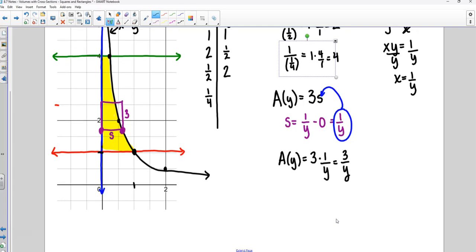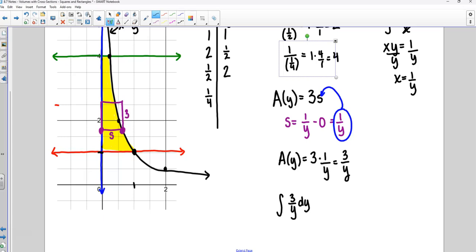If I do 3 over y, that will give me the area of whatever rectangle I'm at. What I want to do is take all the rectangles that are possible in between 1 and 4, and add them together. To do that, I'm going to use an integral, because that adds all those little pieces together. So I'm going to integrate 3 over y dy.